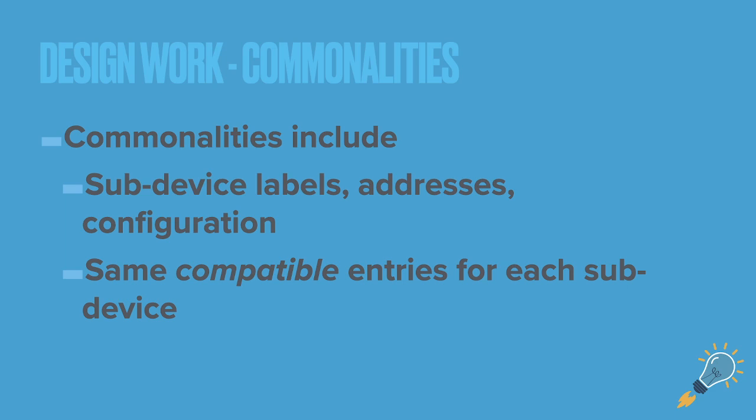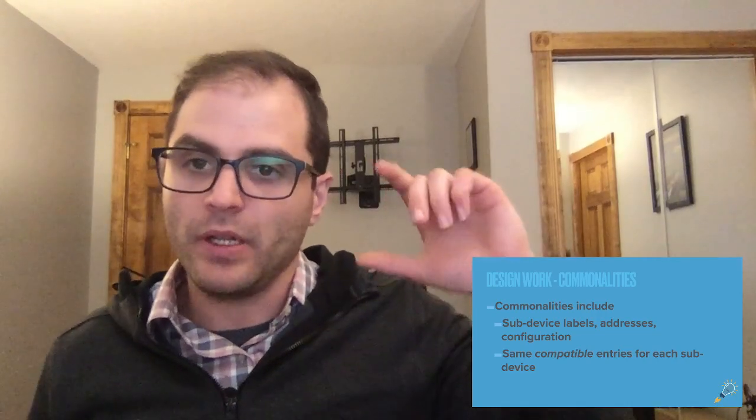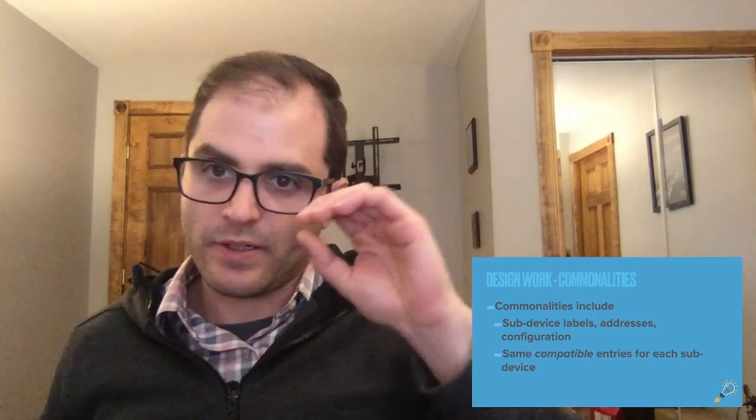And because those names are the same, we're also using the same compatible entry, which, if you look at the overlay and it has a compatible line, that's the line that calls out the device binding for that particular driver. And in this case, no matter whether we're using NRF52, NRF91, or the STM32, we're all using that same binding.